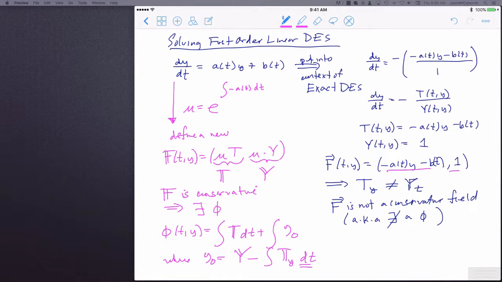Okay, so this was our solution method. We first needed to find the new vector field, and then second, find the potential function from it. Okay, so why don't we go through a specific example here to show how all of this works.